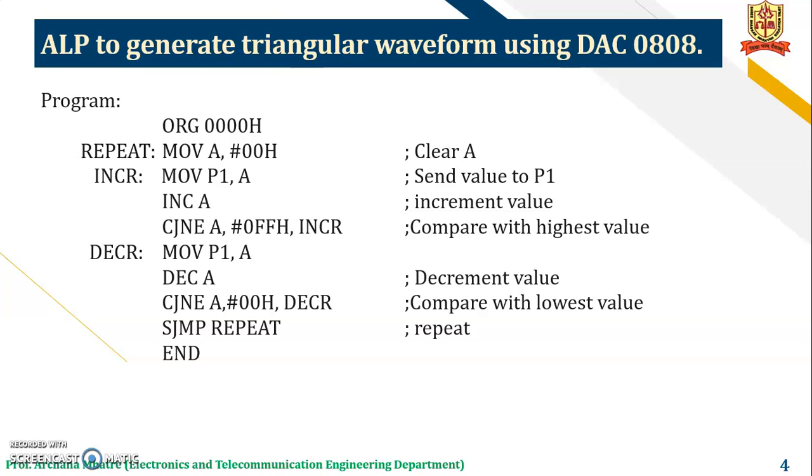If it is not equal, then jump to the label increment, and if it is equal, then move the accumulator value to port 1, then decrement the accumulator, and again compare the accumulator with the 00H value. If the accumulator value and 00 are not equal, then jump to the decrement label, and if it is equal, then stop the program.